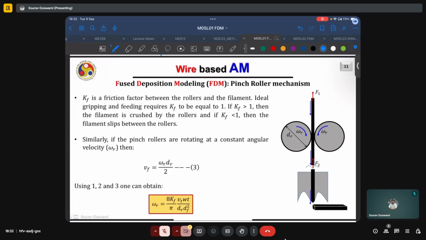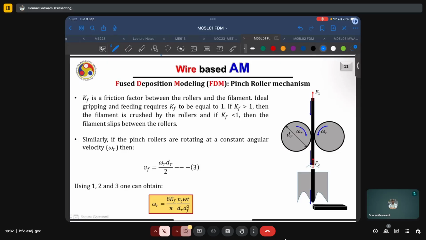Ideal gripping and feeding requires Kf to be equal to 1, but that will rarely be the case. If Kf is very much greater than 1, then the filament is crushed by the rollers, and if Kf is less than 1, then the filament will slip. So typically we'll want a value of Kf which is just slightly greater than 1, but not very large.